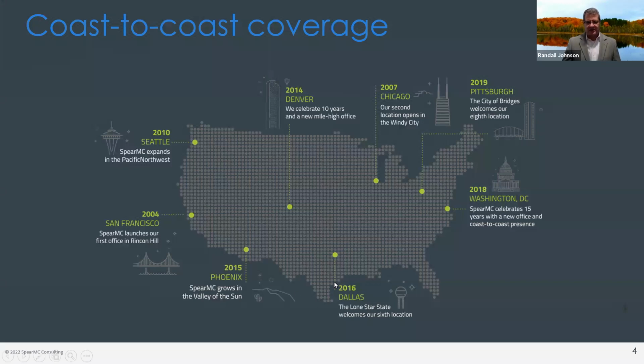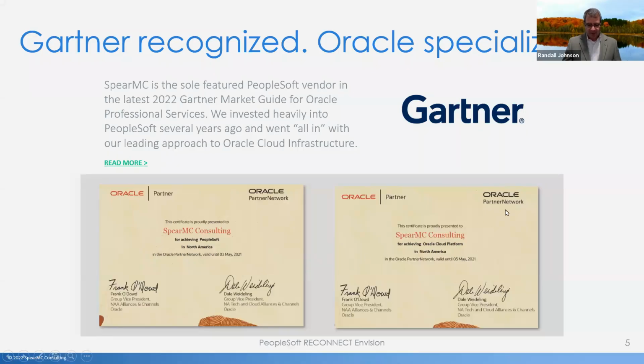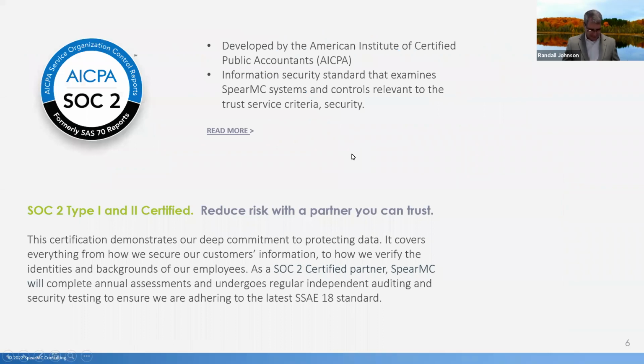This is us, coast to coast. Gartner recognized our PeopleSoft expertise in helping customers move onto Oracle Cloud Infrastructure. That's two years in a row now that we've been recognized by Gartner for our expertise in the PeopleSoft area, and in particular, how we can help move customers from their on-premise data centers to the cloud, sort of making your PeopleSoft experience a SaaS-like environment.